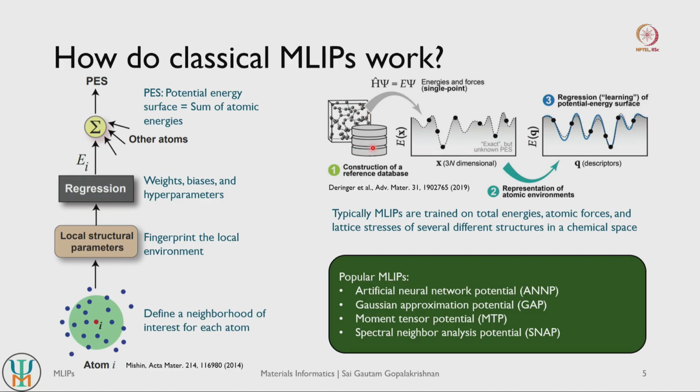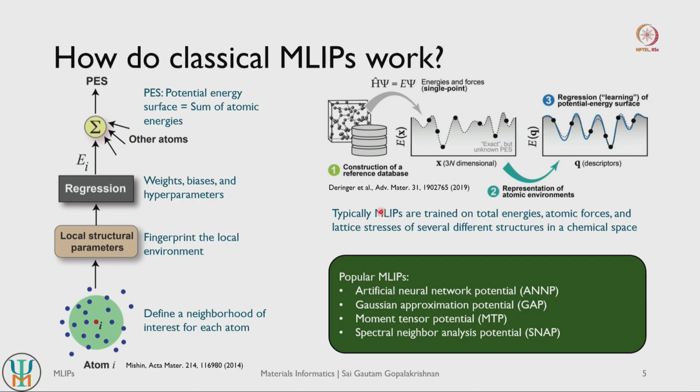We generate a lot of DFT data first, which is our reference data set which we use to train our model. We then train our model, right. This may be the actual exact potential energy surface, but that may be unknown, but we may have points in between that we have calculated using our DFT. We then fit our model using the structural descriptors or features that we generate, and hopefully we get a very close imitation of the actual potential energy surface.